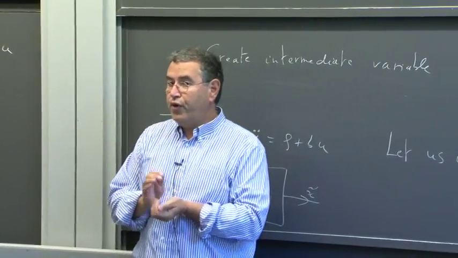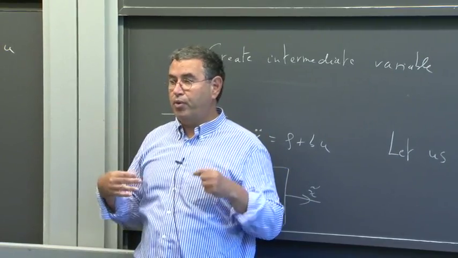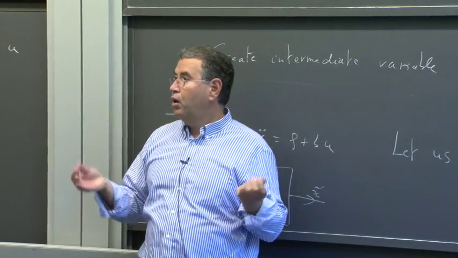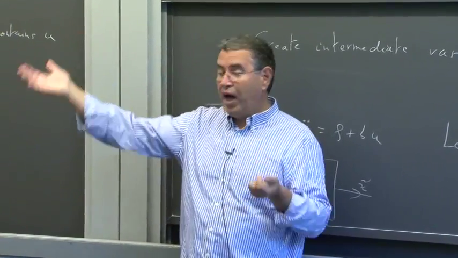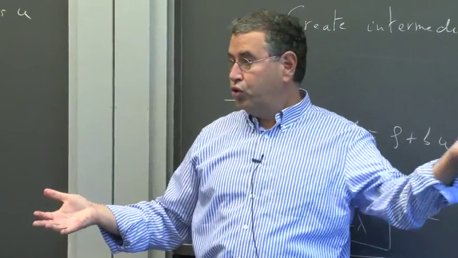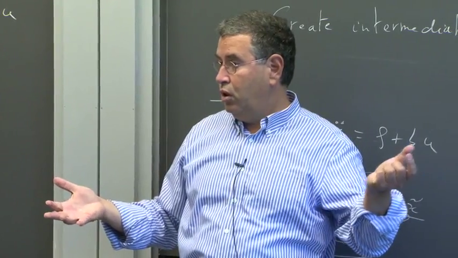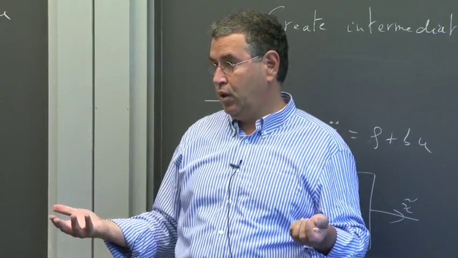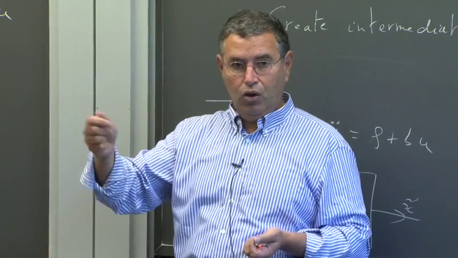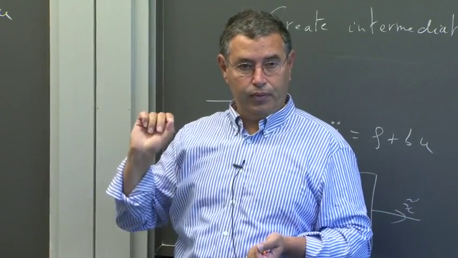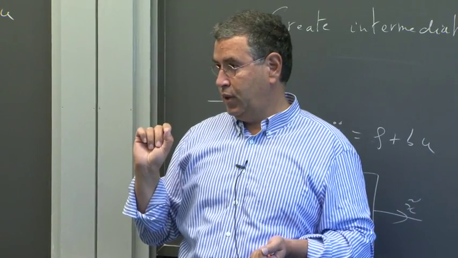Introducing this intermediate variable says we replace an nth order problem by a first order problem. The geometric interpretation is that S equals 0 is a hyperplane. But also, because of its definition, it's a dynamics. And therefore, once we know we stay on this hyperplane, we know exactly what happens to the trajectory.